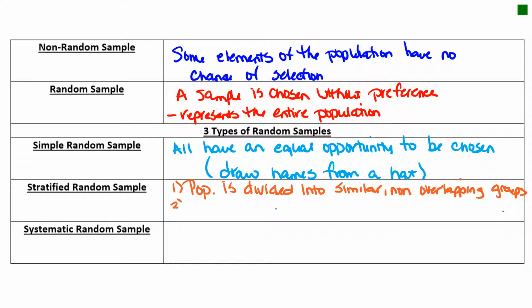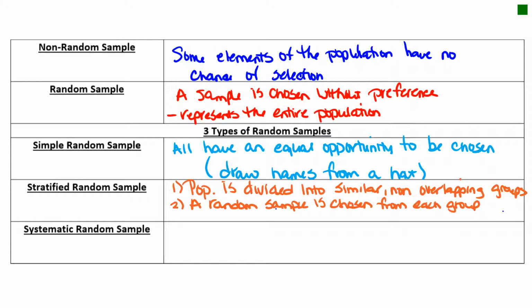And second, a random sample is chosen from each group. Okay, so an example here is we can survey citizens of various groups based on their percent of the population.